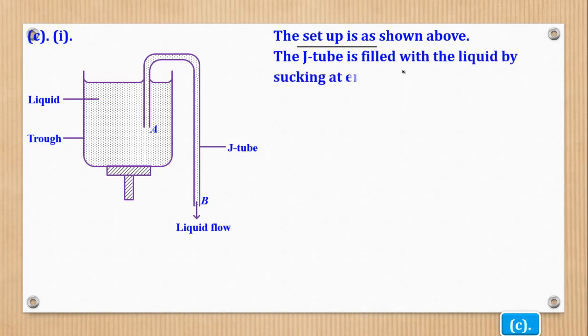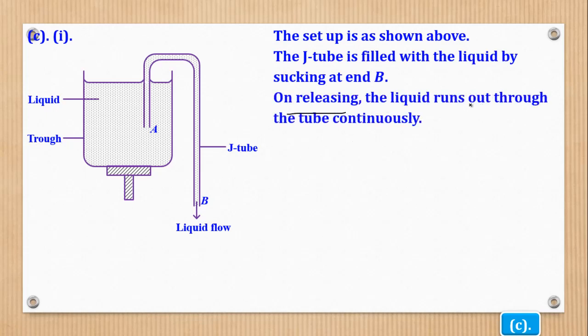The jet tube is filled with a liquid by sucking at end B. On releasing, the liquid runs out through the tube continuously. And that's what we want.